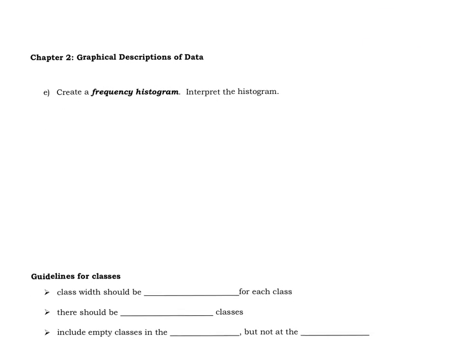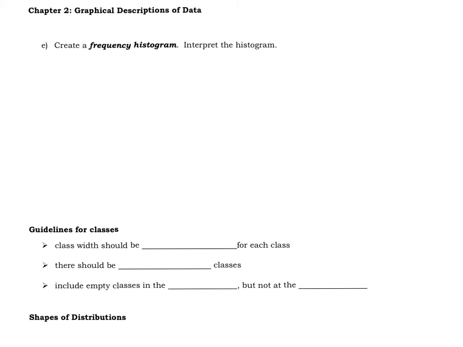All right, and then at the top of the next page, we want to create a frequency histogram. There are some things that we need to include in our frequency histogram, so it must include all of the following. First, you're going to need a title. You need labels on the axes, vertical and horizontal. You need a scale.